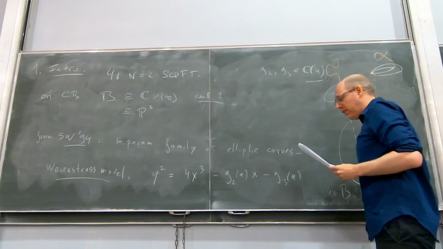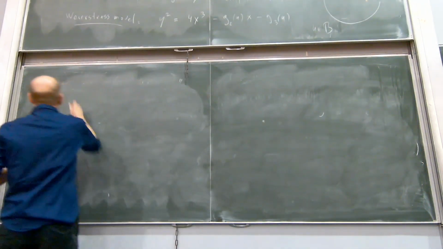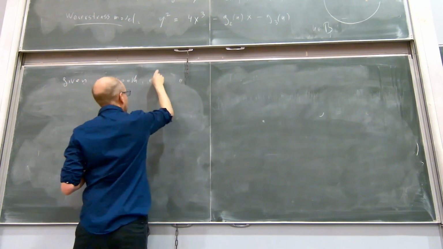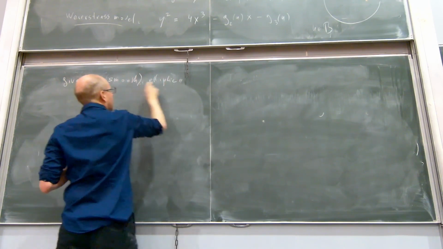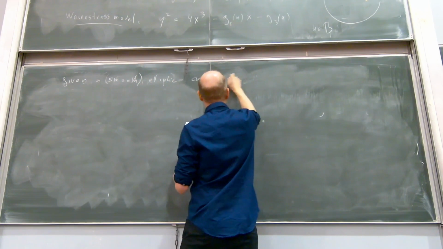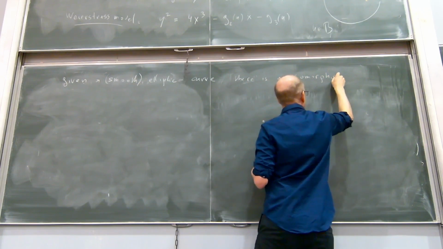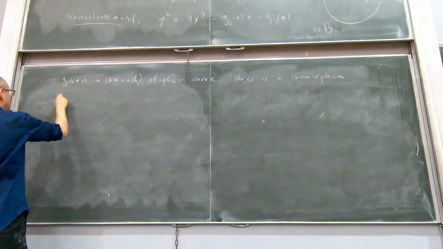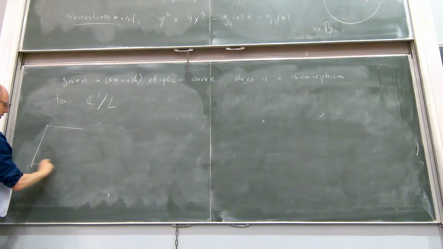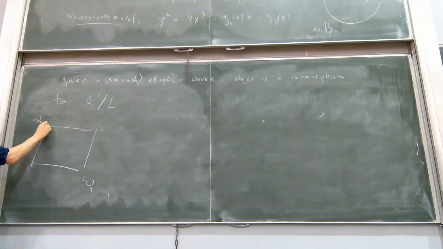Given a smooth elliptic curve written like this, there is an isomorphism to the standard torus, C divided by a lattice, so that my standard torus has lattice elements which we call omega_A and omega_D, two complex numbers.